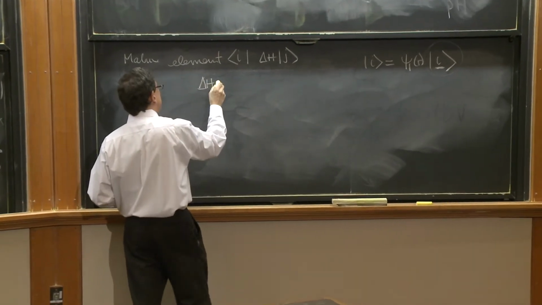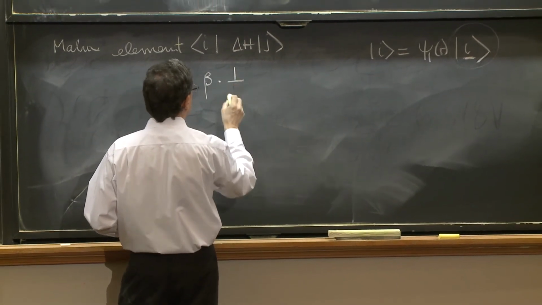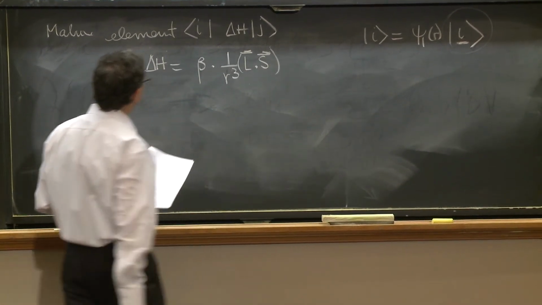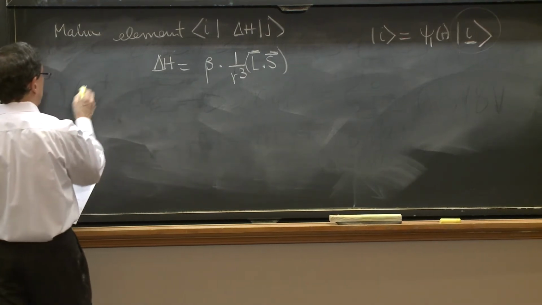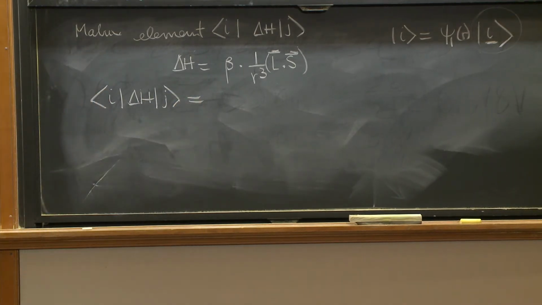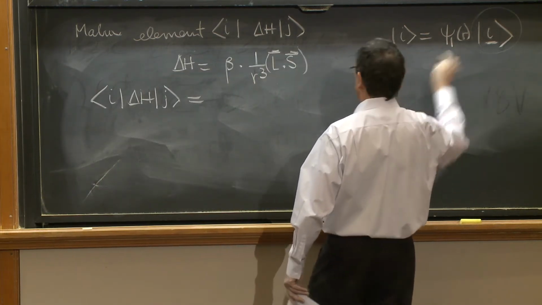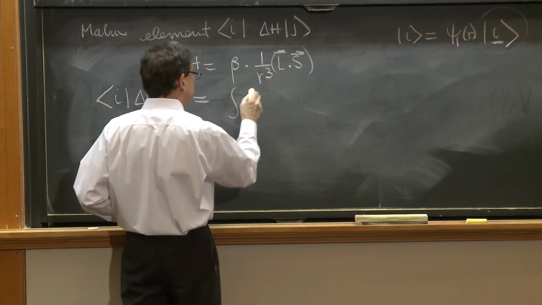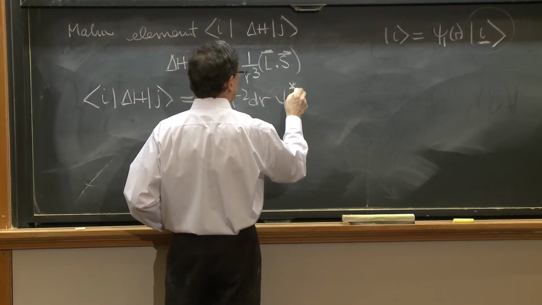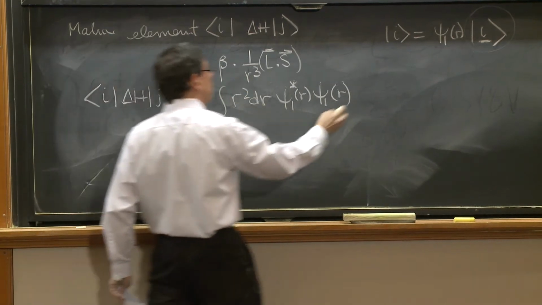Well, δH schematically is a number we have on the blackboard at the beginning, top leftmost, 1 over r cubed times an L dot S. And then, for <i|δH|j>, you have to do the bra and the inner product, so it involves the integral r squared dr over the radial part of the wave function, ψ star of r, ψ of r, and since you're integrating in r, it involves a 1 over r cubed.